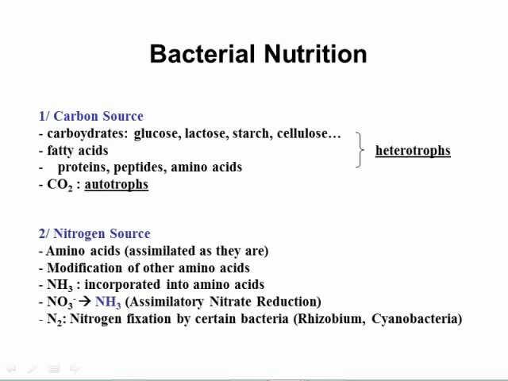It can be organic carbon, in which case the bacteria are called heterotrophs, and it can be inorganic carbon, so carbon dioxide, in which case our bacteria will be classified as autotrophs. They assimilate inorganic carbon and produce organic carbon: autotrophs.